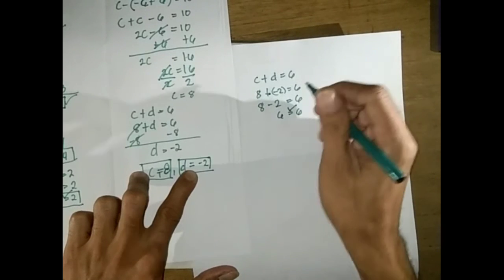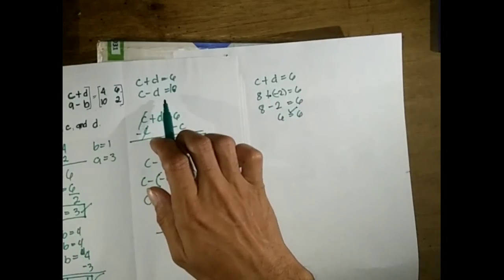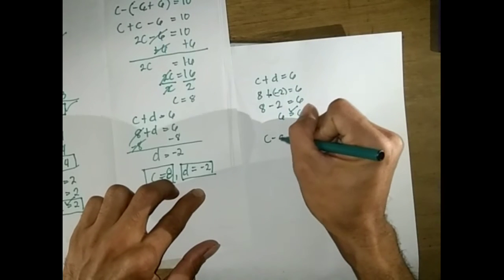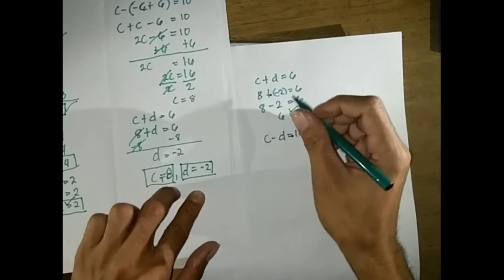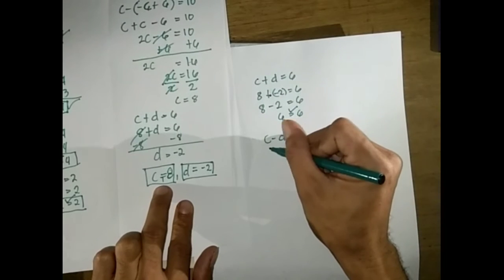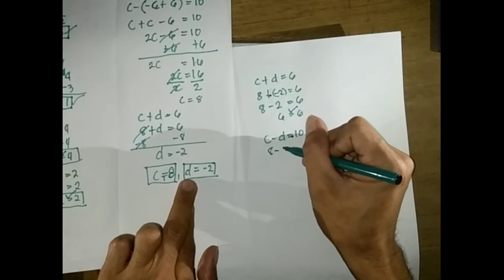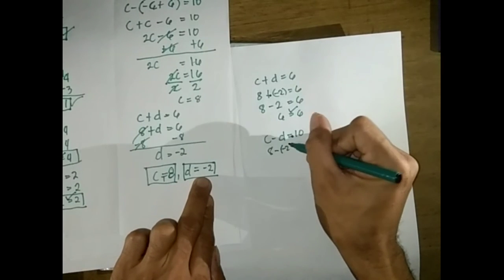So equal siya. Then equation 2, which is C minus D is equal to 10. Kopyahin natin, C minus D equals 10. So the value of C, substitute lang natin, which is 8. Then the value of D, which is negative 2.